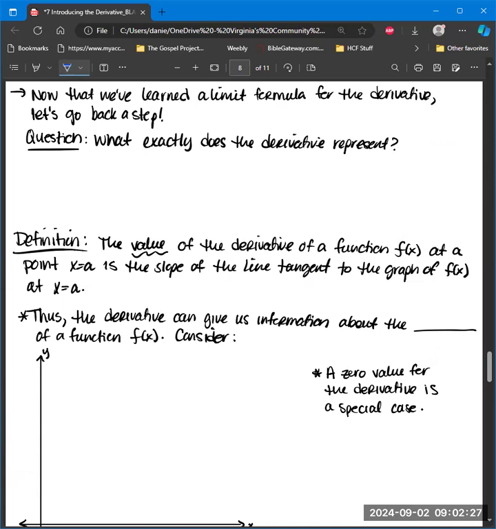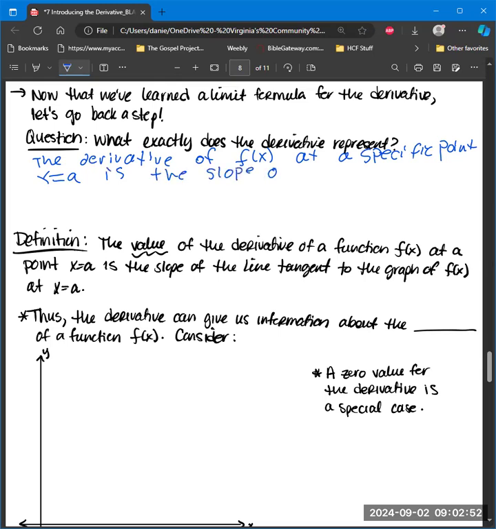So the derivative of f of x at a specific point x equals a is the slope of the tangent line to f of x at x equals a.